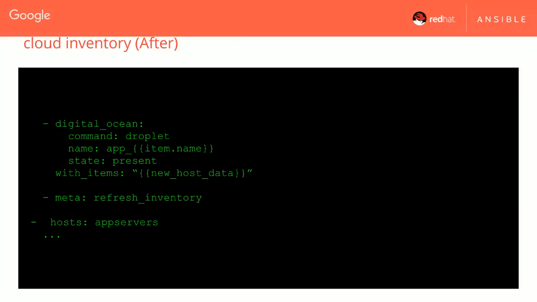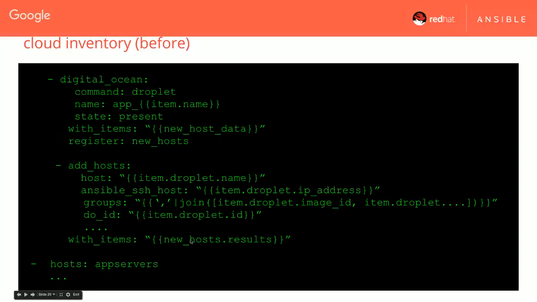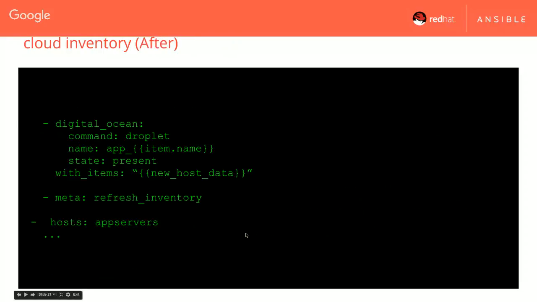And any tags, any stuff that I would get to the inventory automatically gets brought back to me. So instead of, like in the previous one, I had to add host and add all the variables myself, if the inventory already took care of that, I don't have to do it anymore. And then the play can then proceed and target the new servers I just created because I just reread them from inventory.